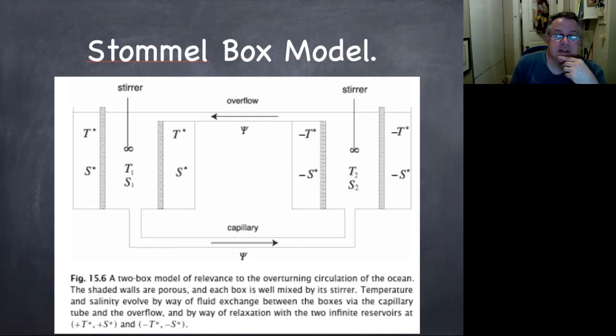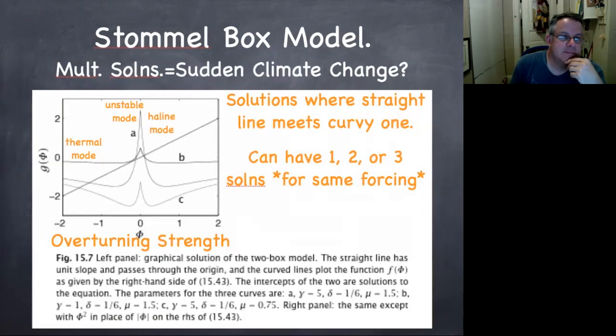Okay, but you put this system together and you set this temperature T star and you set the S star, and it turns out that this system can have multiple equilibria. What do I mean? It's a little complicated to explain this figure. This is one aspect of the solution, and this diagonal line is another aspect of the solution.